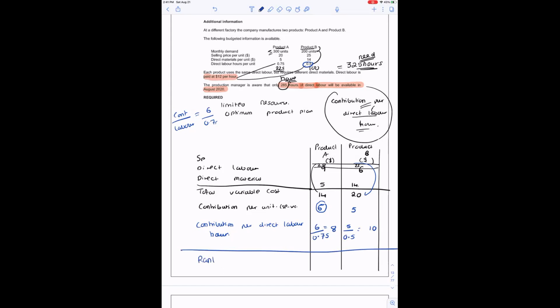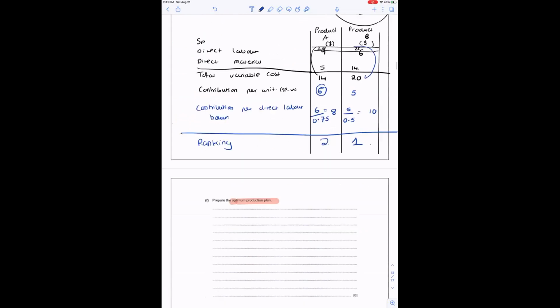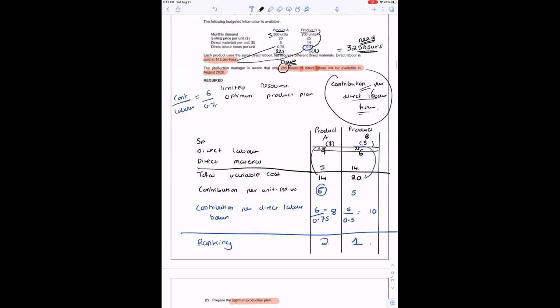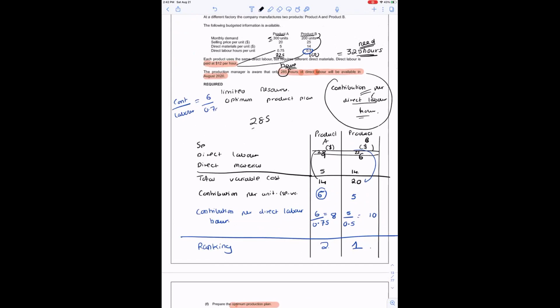So what is the ranking? The first priority would be given to that product which gives me highest contribution per labor hour spent. Second priority here. So my optimum product plan would be, how many hours do I have? I have 285 hours.